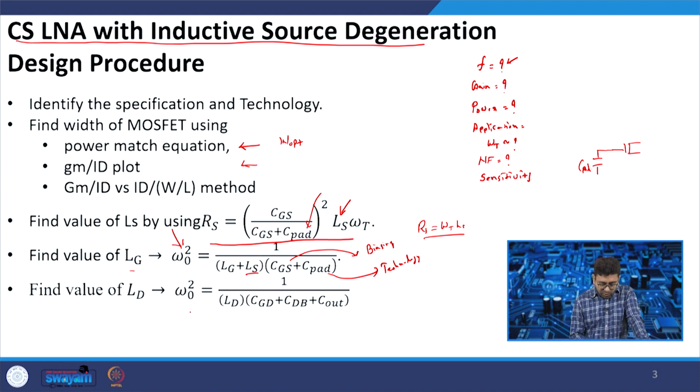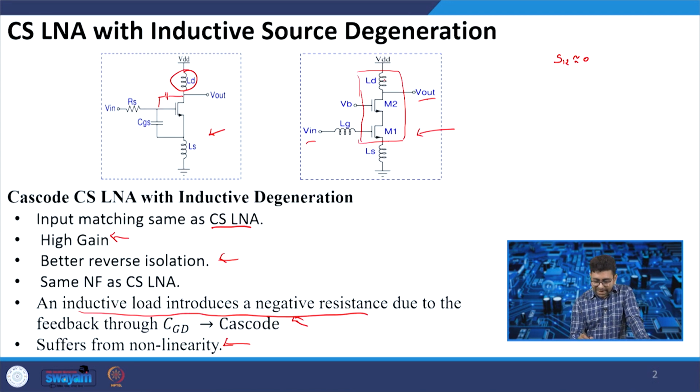Then we also need to find the value of Ld, because here this Ld also sees many capacitors. The capacitors which are coming here are CGD and CDB, and there is an output capacitor which it is going to drive.